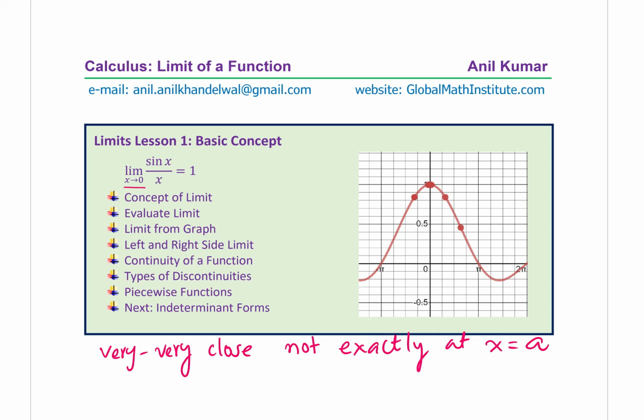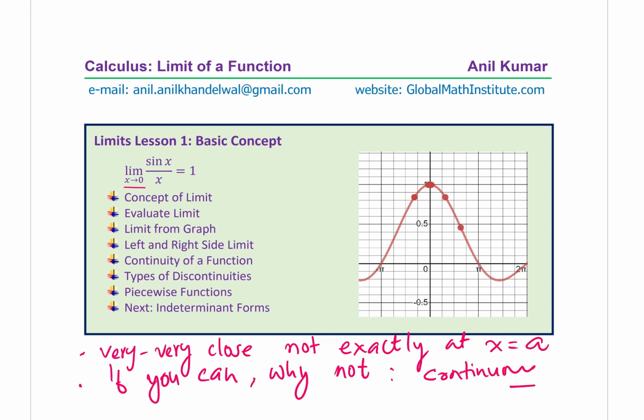But another important thing which we noticed is: if you can, why not? You are approaching something, you're very, very close, but if you can be there, why not? So you could also substitute directly, and it works for most of the functions which are continuous.